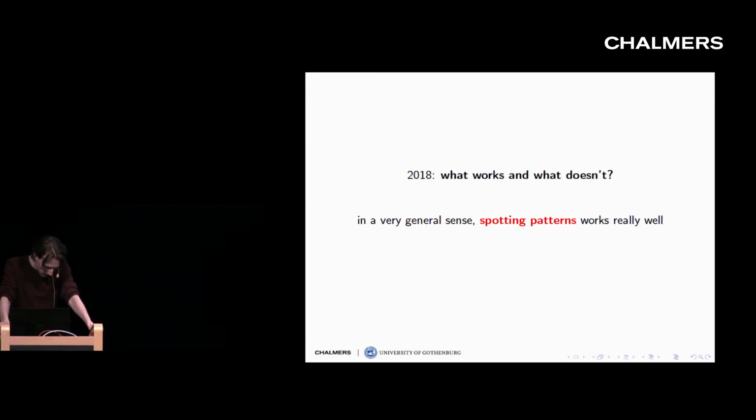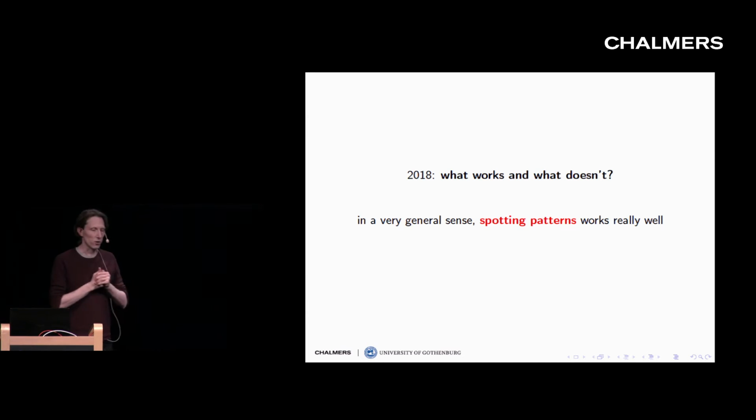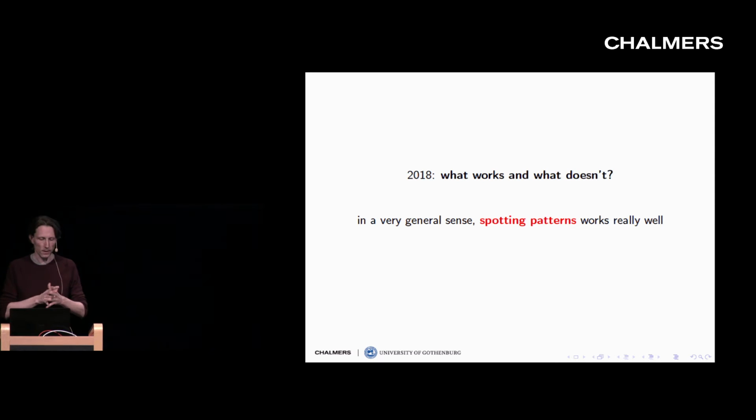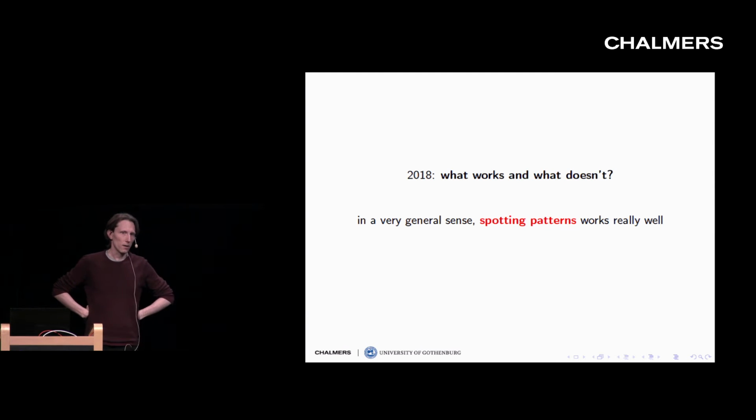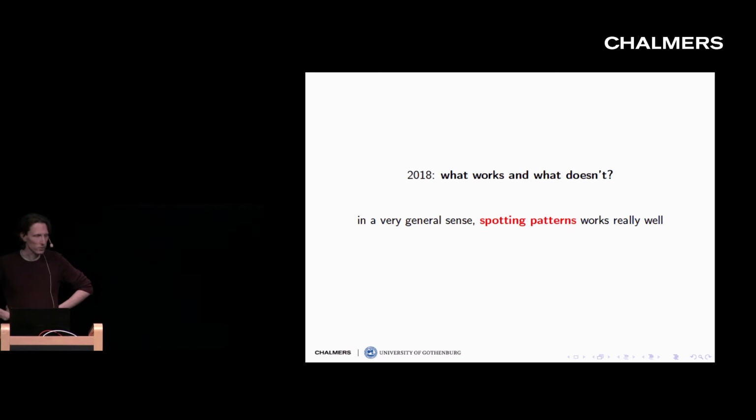So if we should just summarize the field, what is it that works in language processing and what doesn't work? If we should give a very short soundbite defining what actually works, I would say that in a very high-level sense, what works nowadays is when we can make the task into some sort of pattern spotting problem.